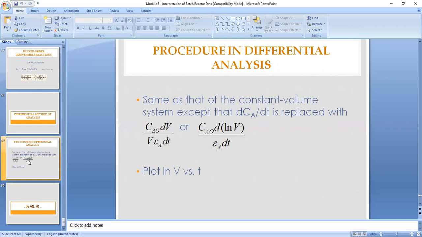So you have drawn a curve to represent your C sub A versus t data. That's the first step always in differential analysis. Then you have to choose a point on that curve, and that particular point has a corresponding concentration. As discussed yesterday, you need to determine the slope of that curve at that chosen concentration.